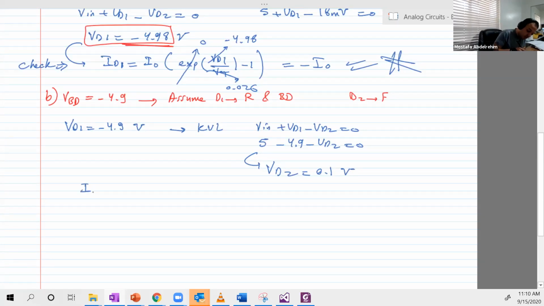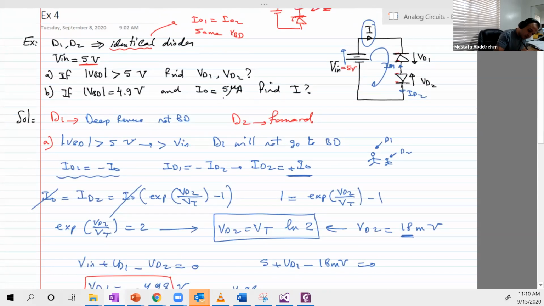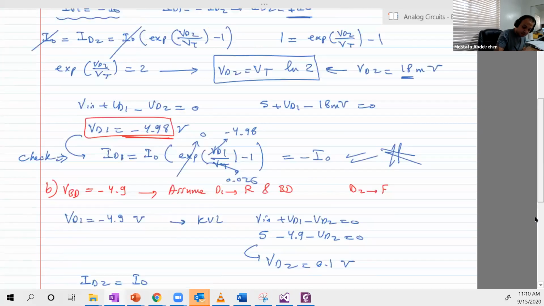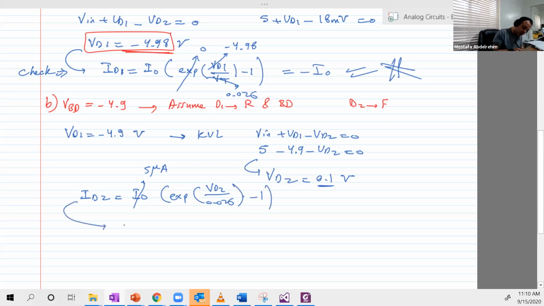So ID2 can be calculated. It's equal to I naught, which is known because it's given here in part B, 5 microamps, times exponential of VD2, which is known, 0.1 over 26 millivolt, minus 1. From this we can calculate ID2.